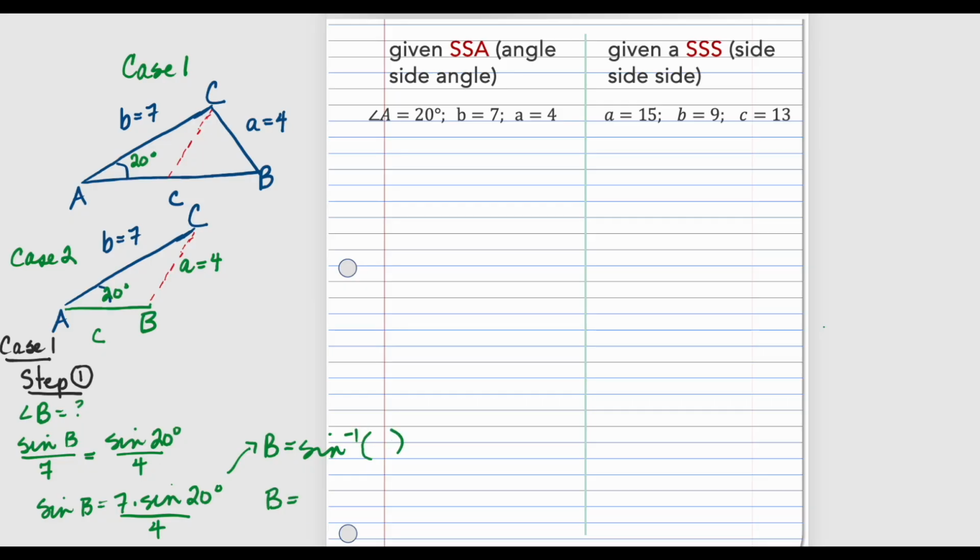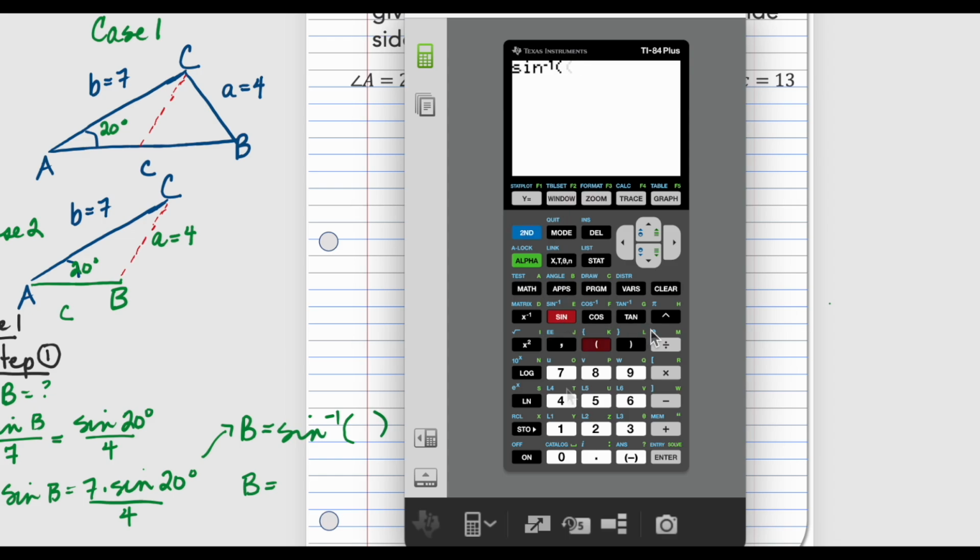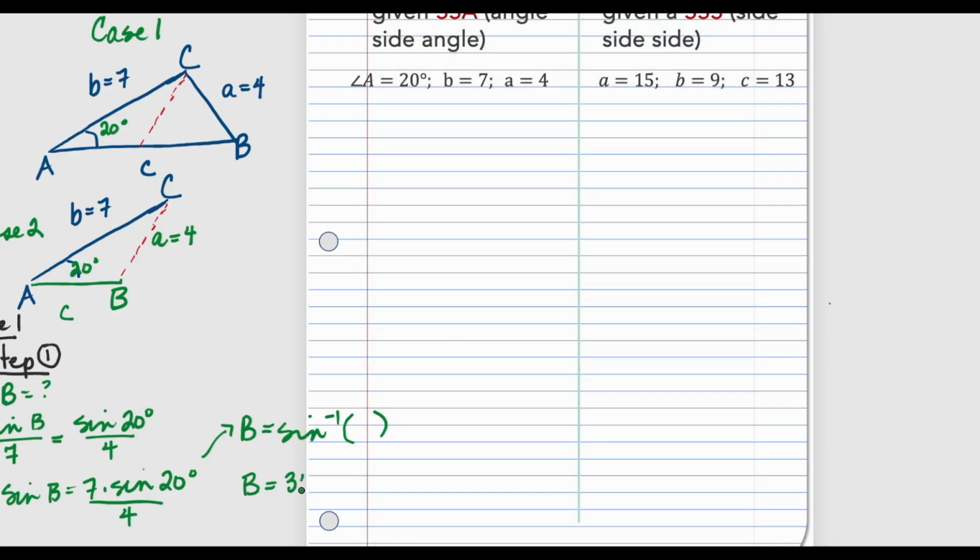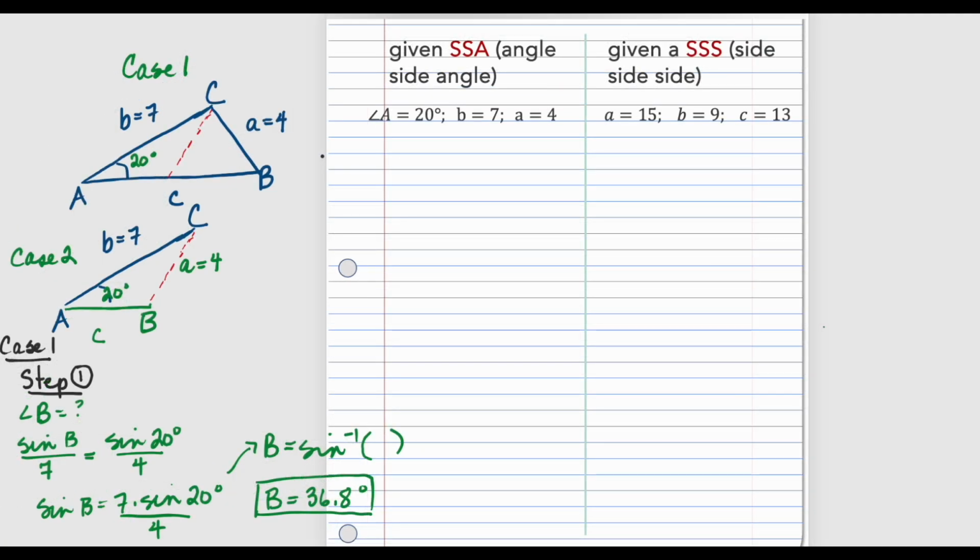B is inverse sine of 7 times sine 20 divided by 4, equals 36.8 degrees. For angle B, where am I going to write this? Shall I go here?